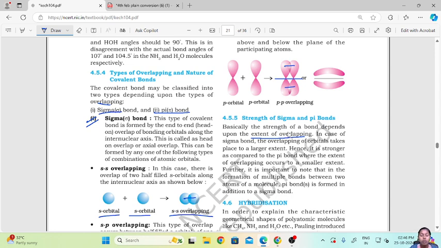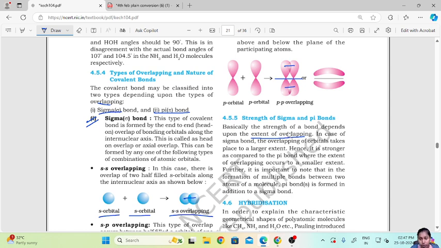So hence it is stronger as compared to the pi bonds, where the overlapping occurs to a smaller extent. Sigma bond is stronger because it has a greater extent of overlapping compared to the pi bonds.